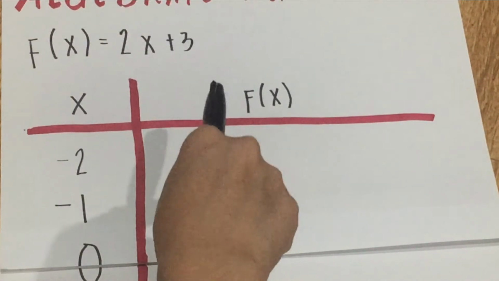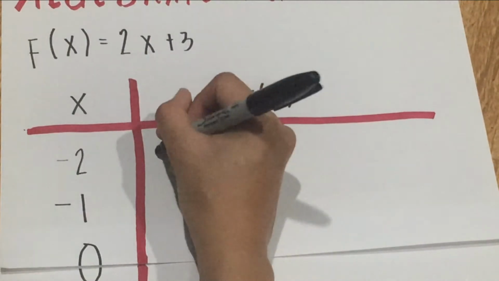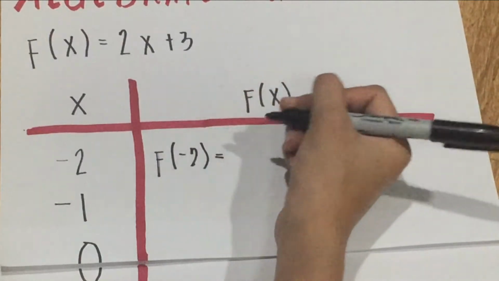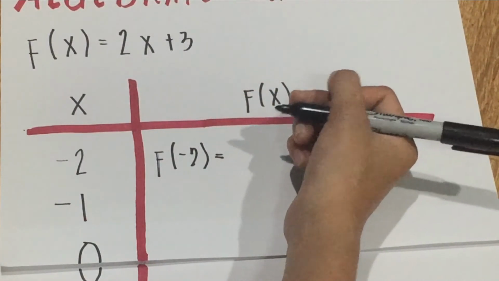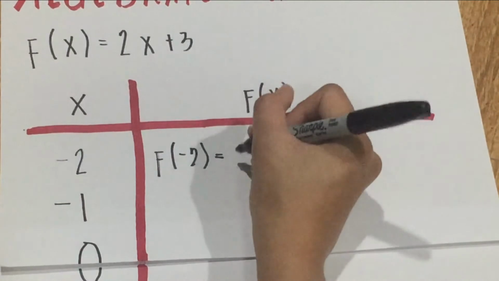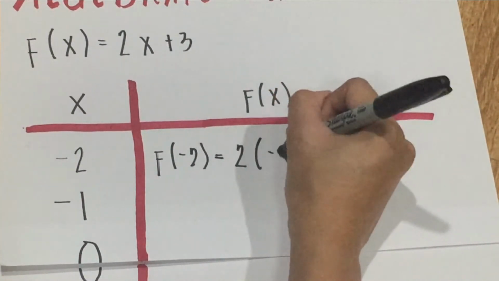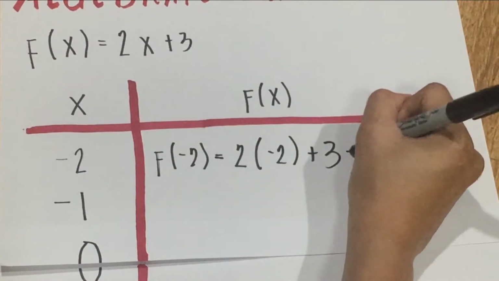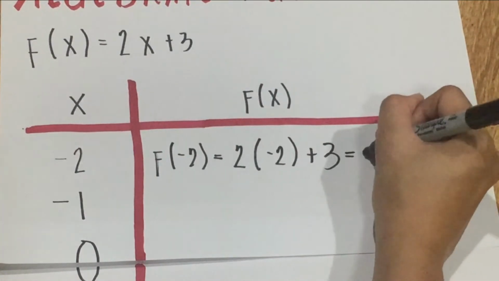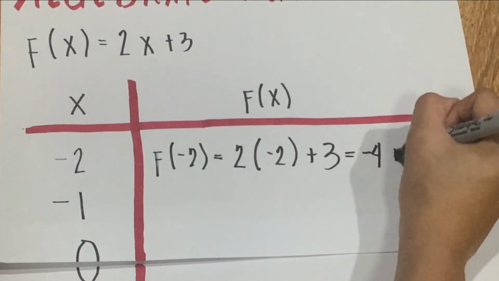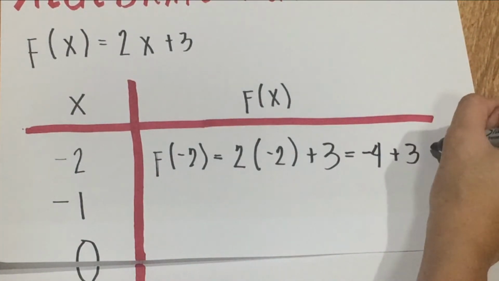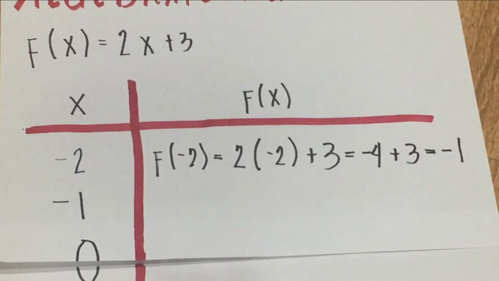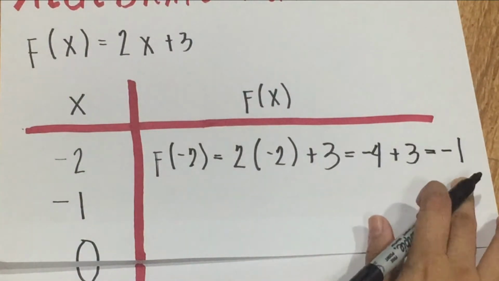When you have f of negative 2 equals 2 times negative 2 plus 3, it will be negative 4 plus 3 equals negative 1. So that's the first value, negative 1.